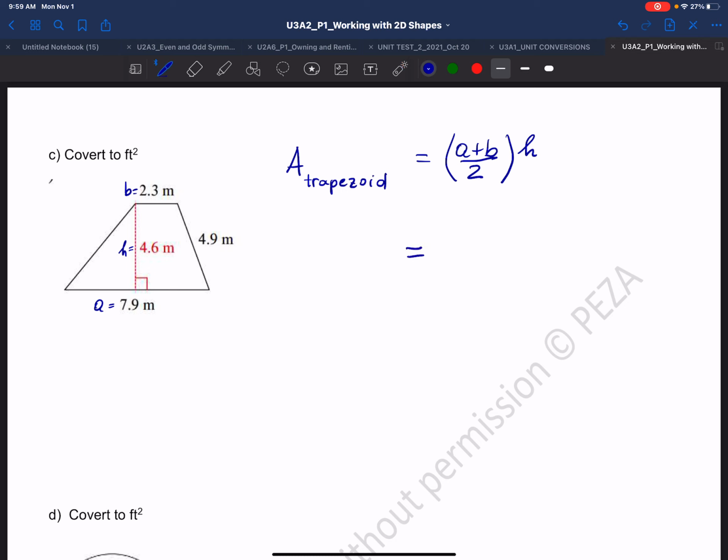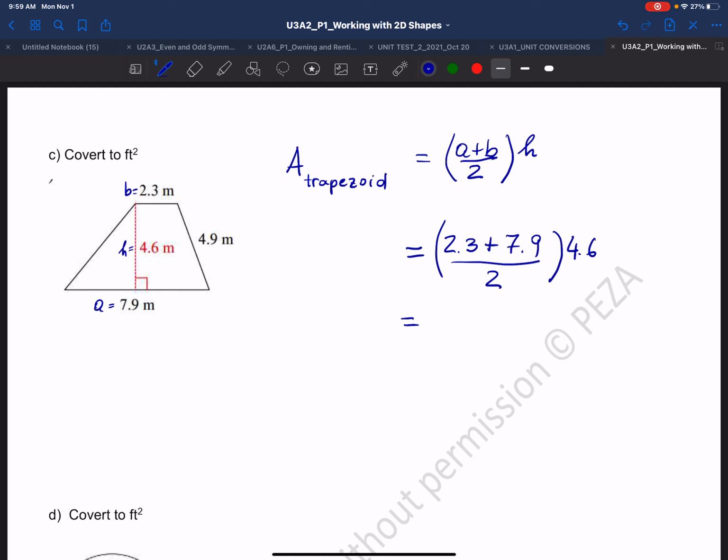So let's substitute. We have the base 2.3 plus 7.9 divided by 2 multiplied by the height, which is 4.6.